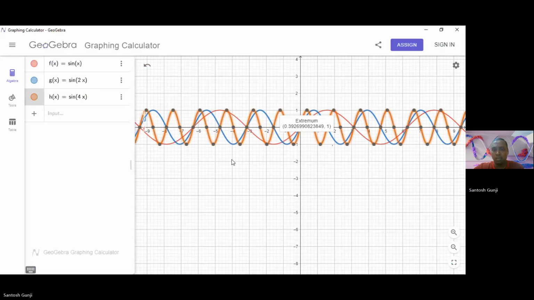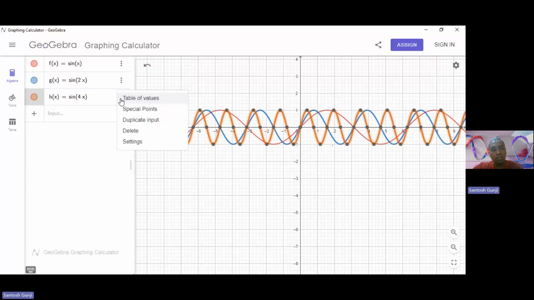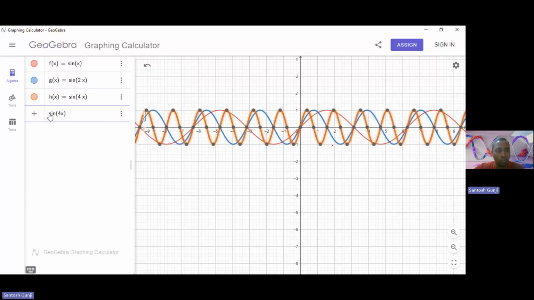Yes, of course, the wavelength of the sin x graph will change when you change the coefficient of x in the sin x function. Suppose I am taking one last example to understand the change in the amplitude.